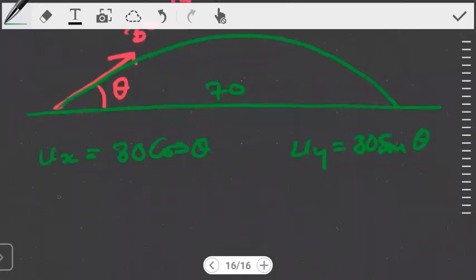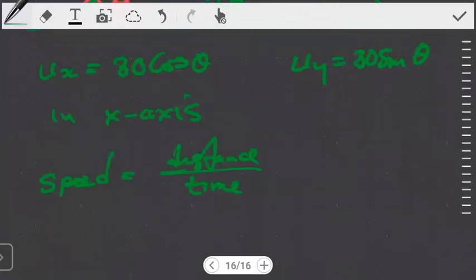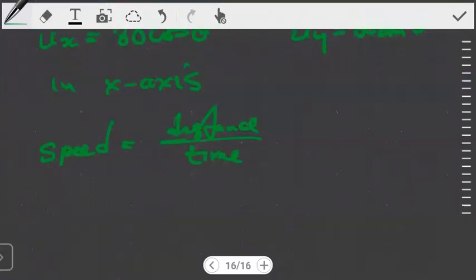So in the x-axis, what is happening? Well, in the x-axis, all we know is we're dealing with the definition of speed since there is no acceleration. So what we have is the distance divided by the time. Now, in this case, we don't know what the time is, so we're just going to label the total time as t. The distance, we're given: this arrow is to cover a range or a horizontal distance of 70 meters.